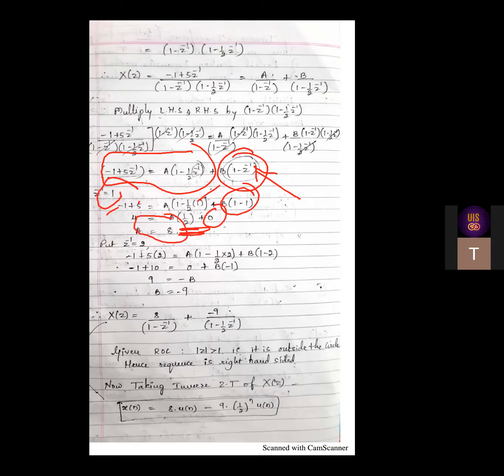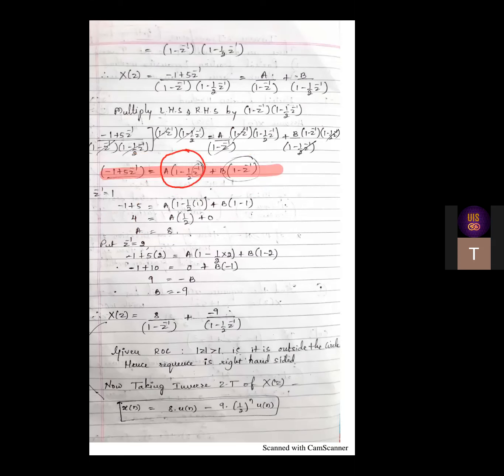Next time, in the same equation, we will make A 0 so that we can find B. How to make A 0? What is A? A bracket 1 minus half z inverse. How can this be 0?